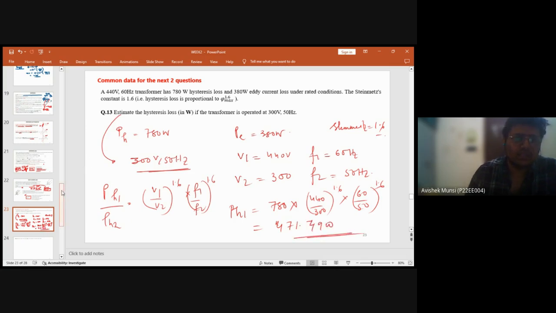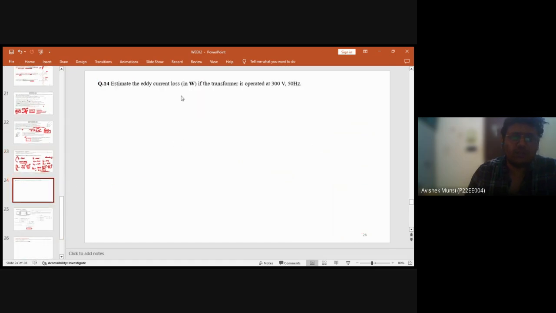This question has another part. In a similar way, we have to calculate the eddy current loss. In case of eddy current loss, we know that P1 by P2 should be proportional to phi1 max square.